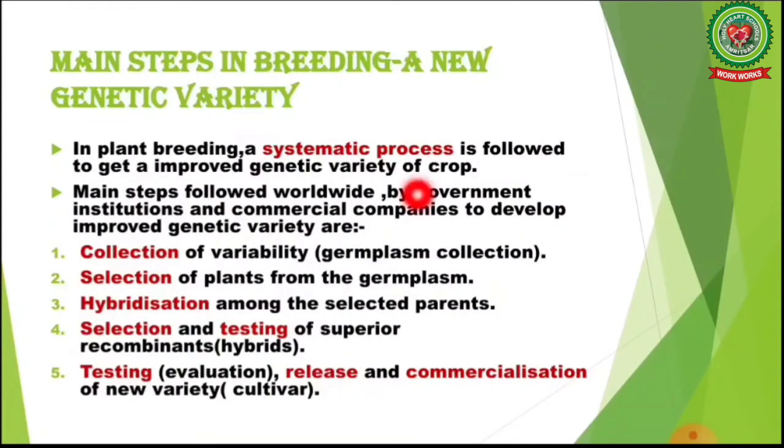The main steps in breeding a new genetic variety include: in plant breeding, a systematic process is followed to get an improved genetic variety of crop.